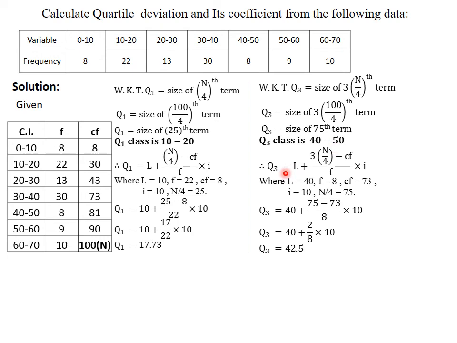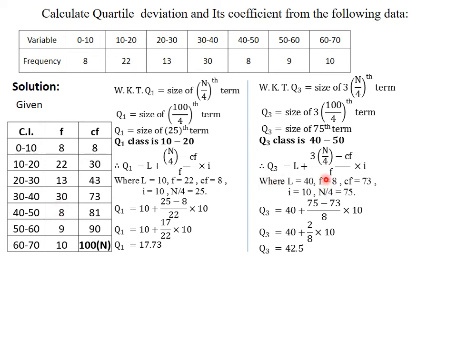Now Q3 is obtained with the help of L plus 3 times n by 4 minus CF, divided by F, into I. L is nothing but the lower limit of the Q3 class, which is 40. So L is equal to 40. F is the frequency of the Q3 class, which is 8.